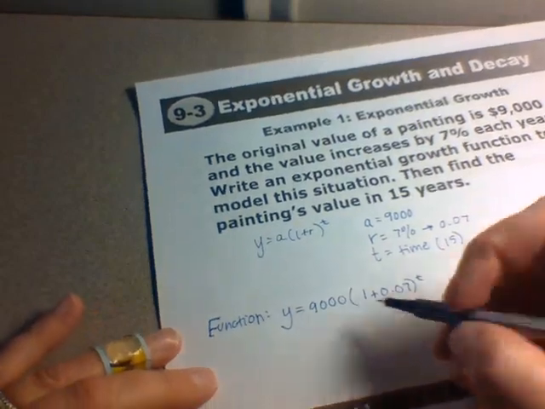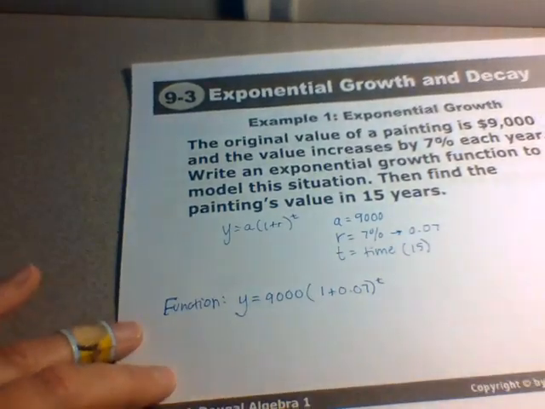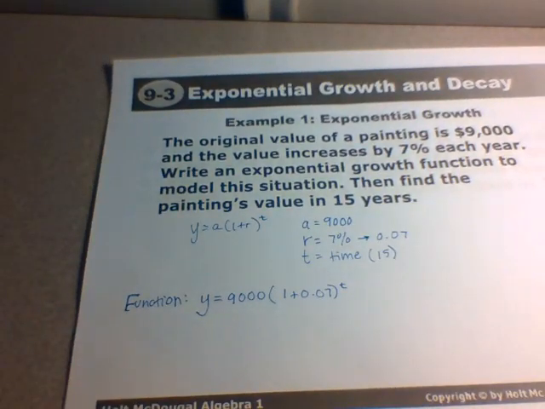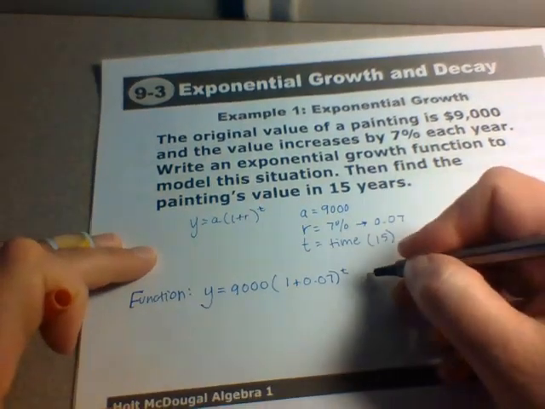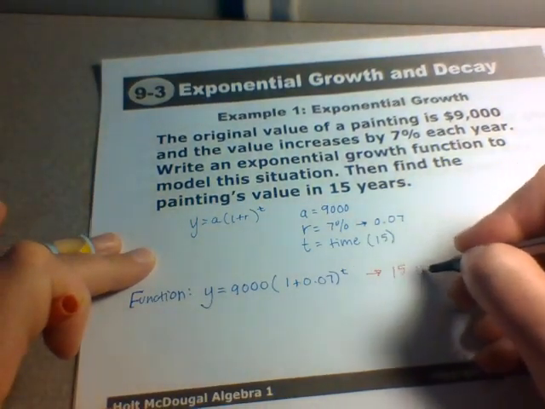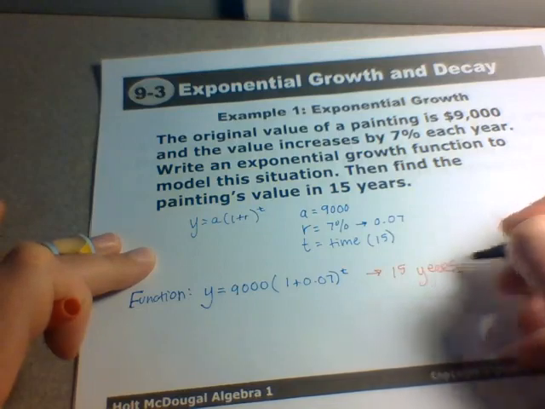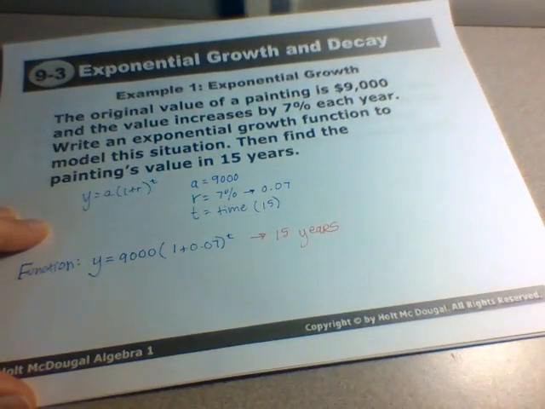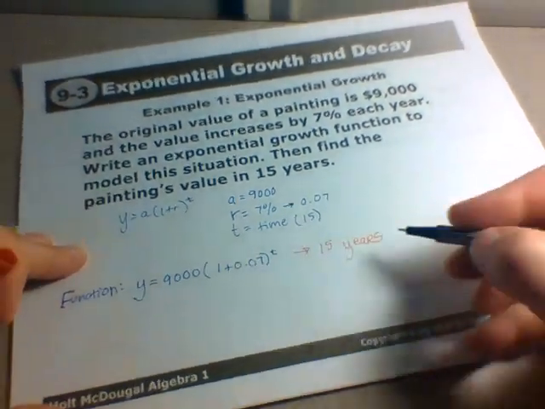So this is our function. Then when we are trying to find out what happens after 15 years, that's when we take that equation and plug in a 15 for the t.